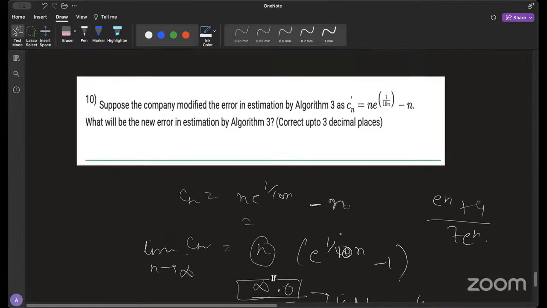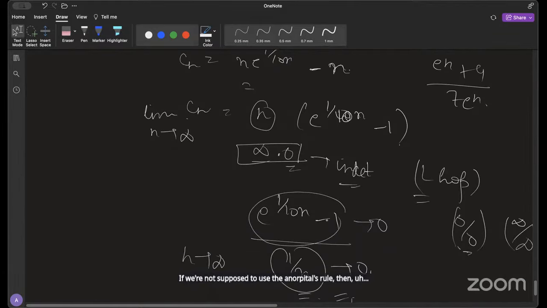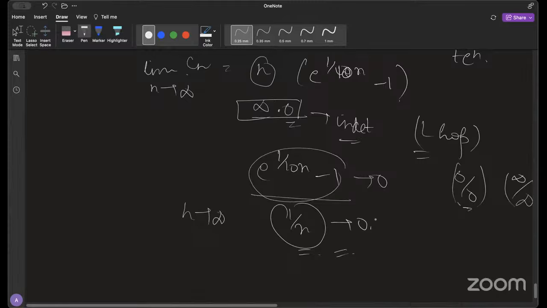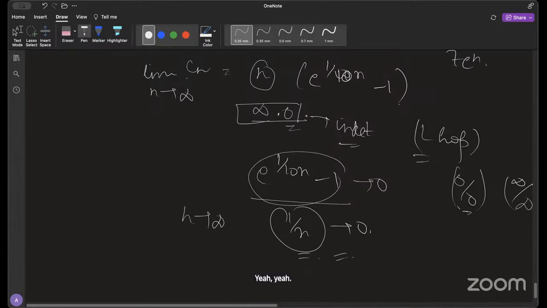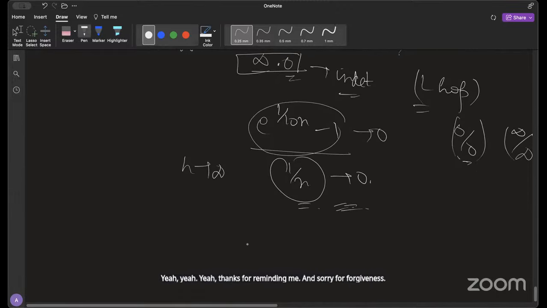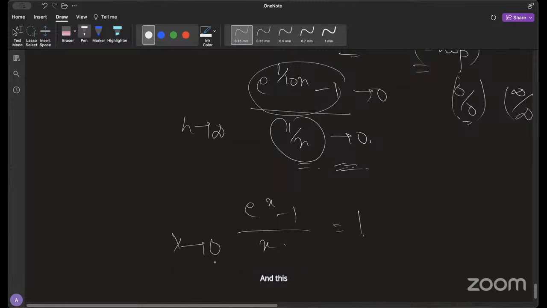If we're not supposed to use L'Hopital's rule, then we have an identity: e to the power x minus 1 by x, where x tends to 0, gives you 1.